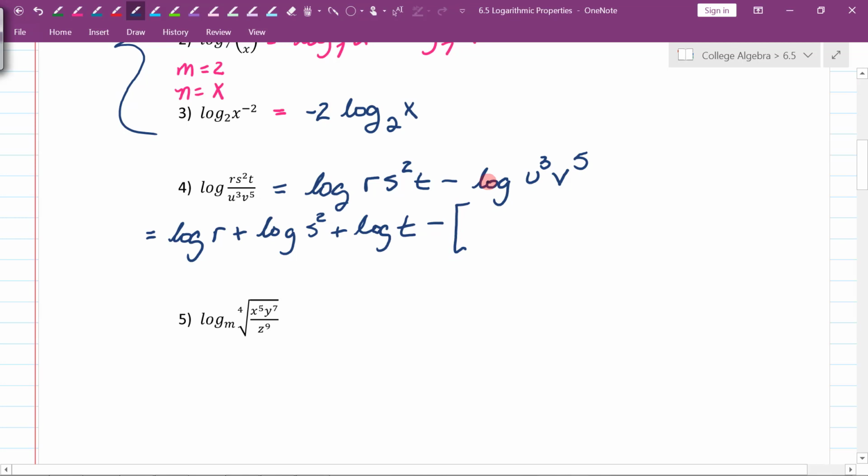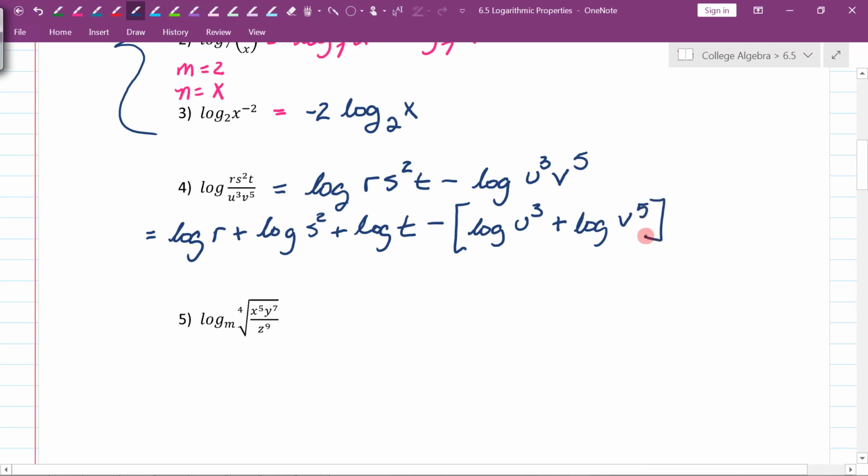Put all of this in parentheses now because we're going to expand this out. So always put this in because otherwise you're going to forget to distribute the negative, and therefore you're not going to get the problem 100% correct. And that makes instructors sad. So here we go. This is going to be log base 10 of U cubed plus, because this is multiplied, it is a plus at this point, log base 10 of V5. Close your bracket right there.